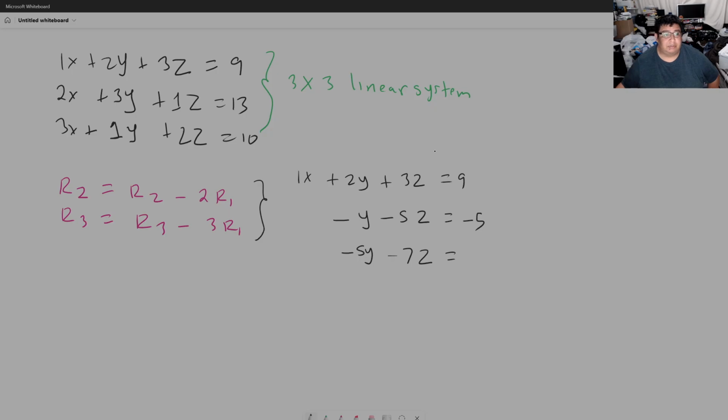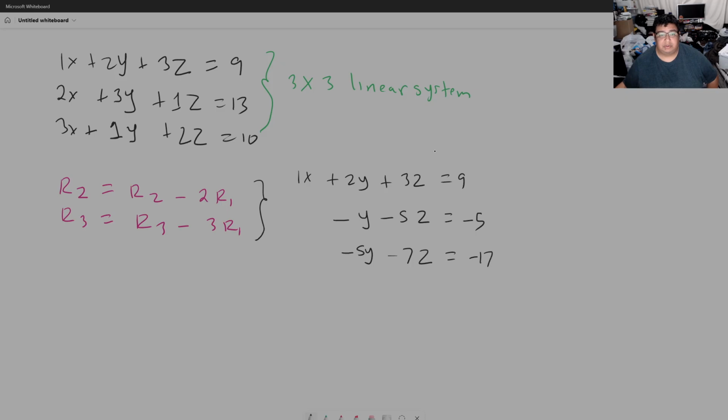And then 10 minus 3 times 9, that will be 10 minus 27, that will be negative 17. So this is our new system.